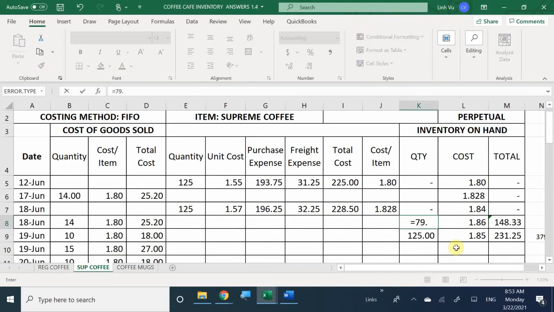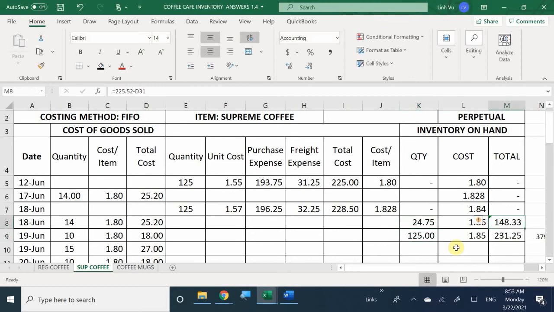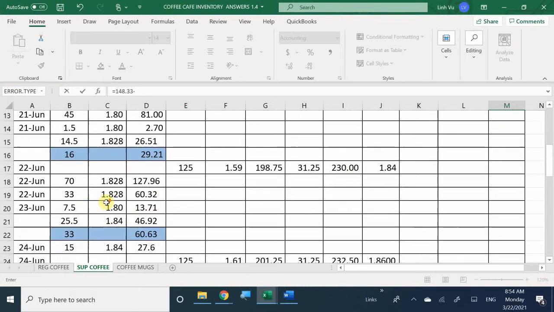79.75. So how many pounds should I have left? 94.75, and I believe this is the one that has the penny off. 24.75. Yeah. All right, and I think this is the one where we have to fix the formula because it doesn't go out even. So in this case, we have 148.33, and we're going to subtract out what we sold.